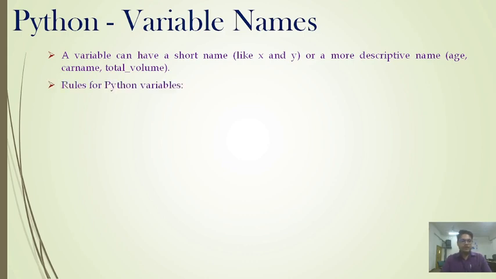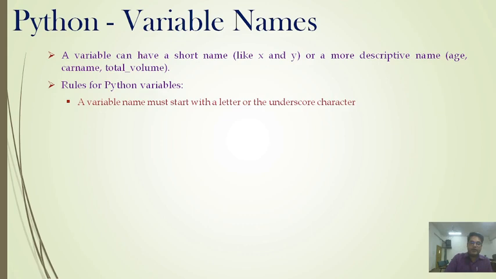So, the rules of Python variables. A variable name must start with a letter or the underscore character. So there are only two options.